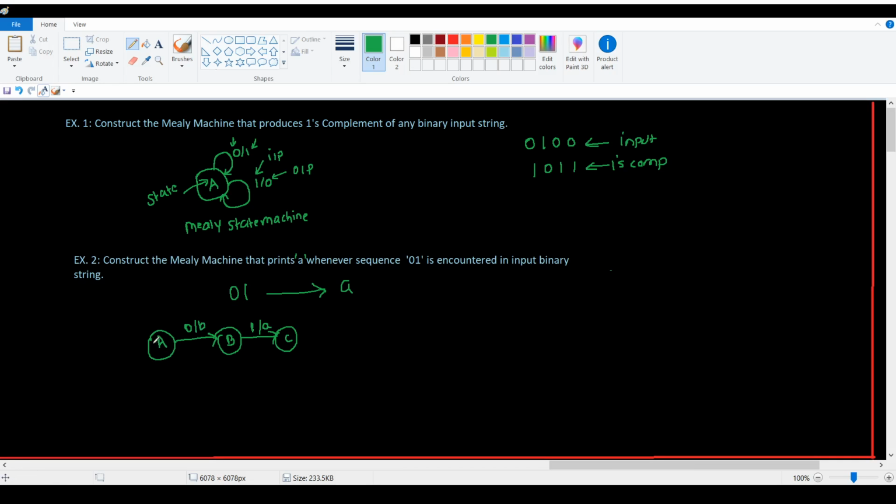Now for each state, we need to apply the different input combinations.